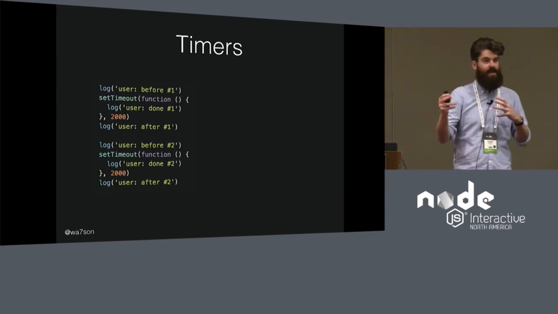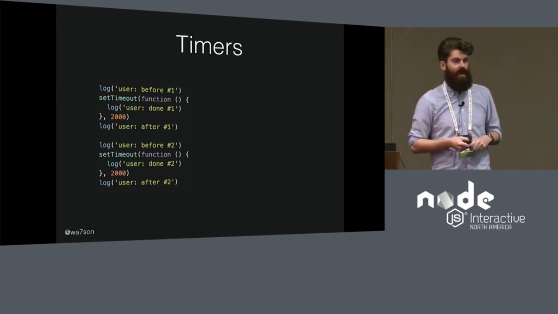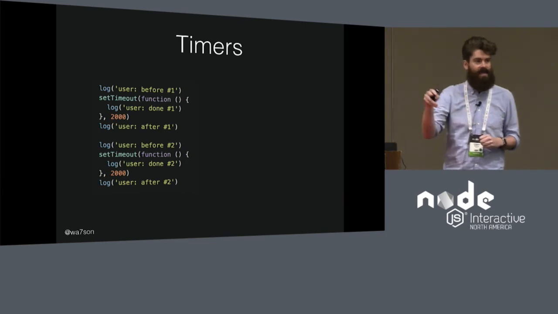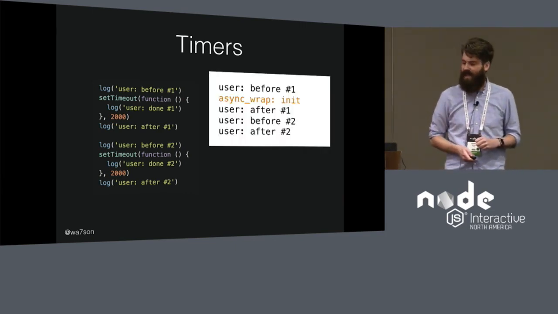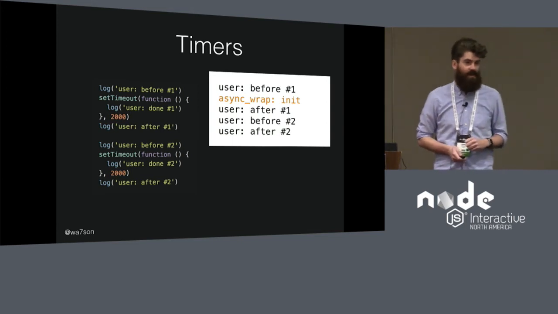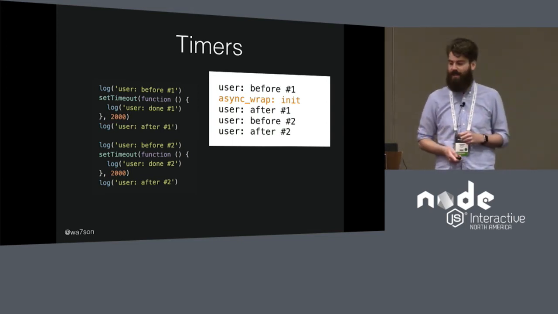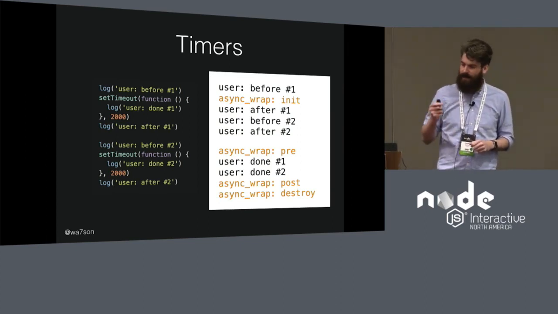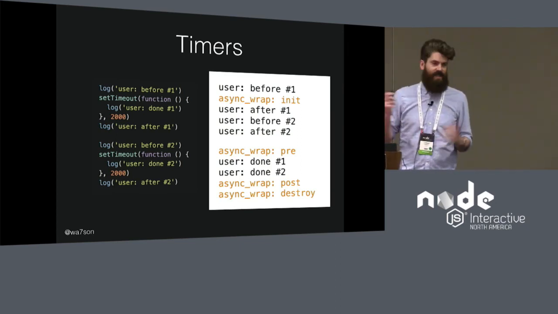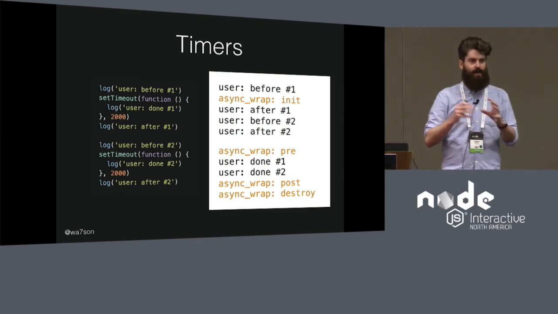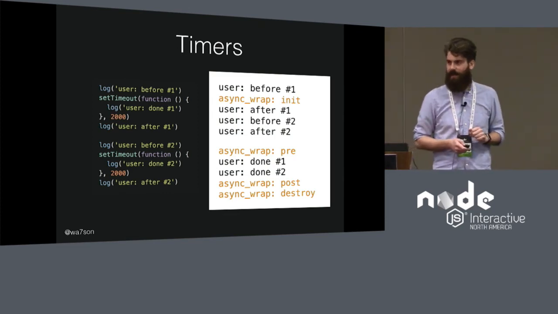So if you have two timers that are set to be executed at the same time, you'll actually see that their hooks will only fire once, even though you have two timers. And this is purely an optimization strategy employed by Node. So it's just a thing to know. If you want to do something with timers, you need to probably make your own logic to handle that edge case.